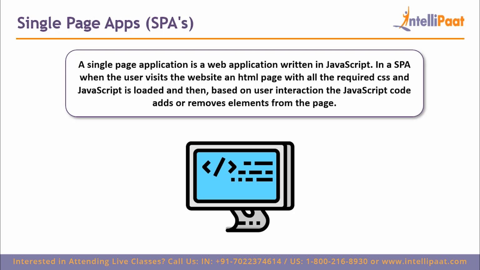In a single page application, when the user visits the website, an HTML page is firstly displayed to the user with all the required CSS and JavaScript, and then for every subsequent interaction, instead of redirecting the user to a new HTML page, all the information that is needed for the user to see is fetched from within the same page by the JavaScript from the backend, and then is displayed to the user. So the JavaScript will take care of the navigation, adding and removing elements on the page, so on and so forth. Since there's only one HTML page involved, that is why it's called a single page application.